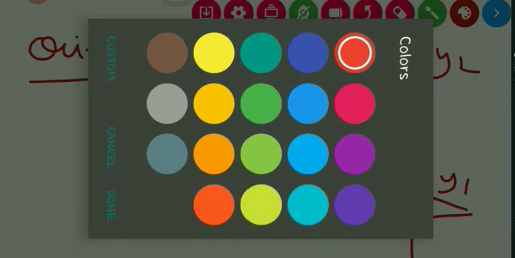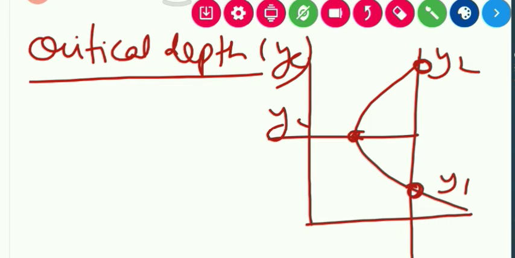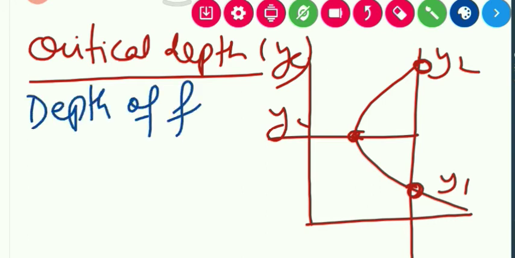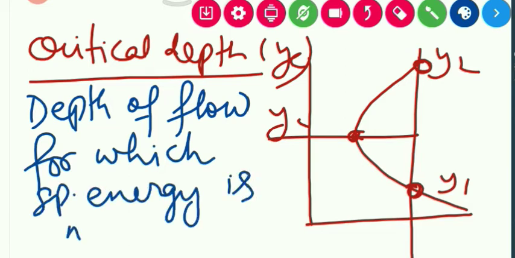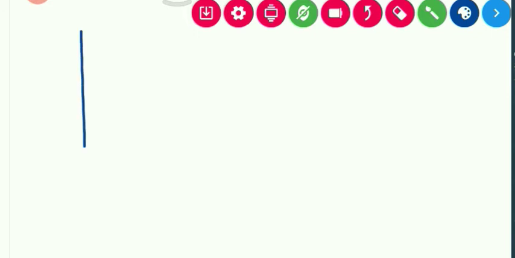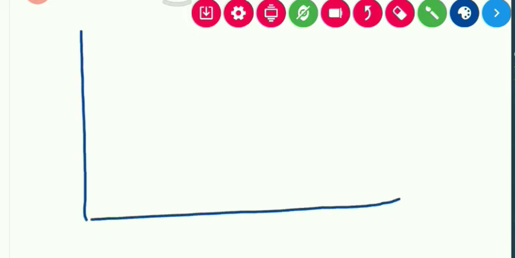The definition can be written as: depth of flow for which specific energy is minimum.